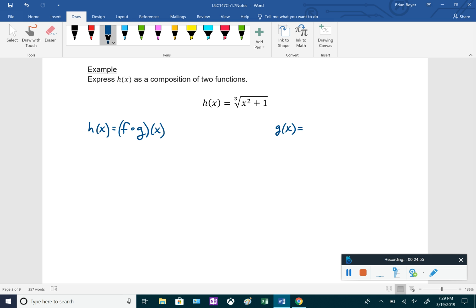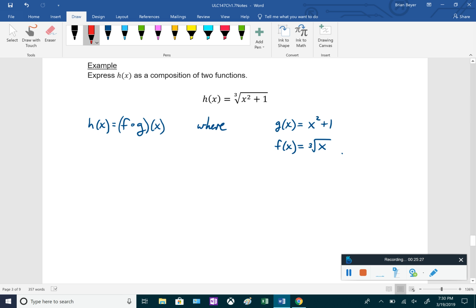The inner function is just x squared plus 1. And f of x is going to be the outer function, that cube root. All we have to do is the cube root of x. So you replace that whole inside with just x, and that's it. So h of x is going to equal f of g of x, where g of x equals x squared plus 1, and f of x equals the cube root of x.